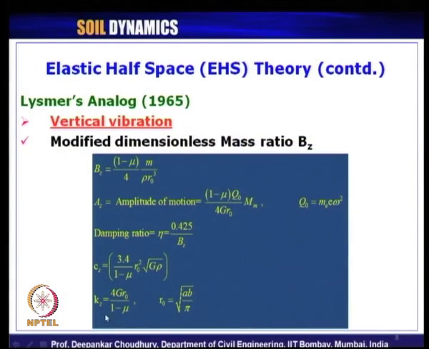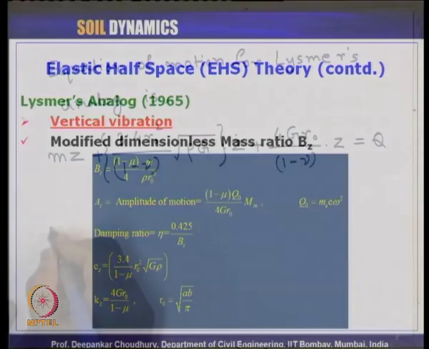The spring constant Kz can be calculated, as we have already mentioned, for vertical mode of vibration as 4 g r naught by 1 minus mu, where r naught for any rectangular foundation can be calculated as root over a b by pi, and Cz, that is the damping coefficient, can be calculated using this expression whatever I have written just now, and the damping ratio can be calculated using this expression 0.425 by Bz.